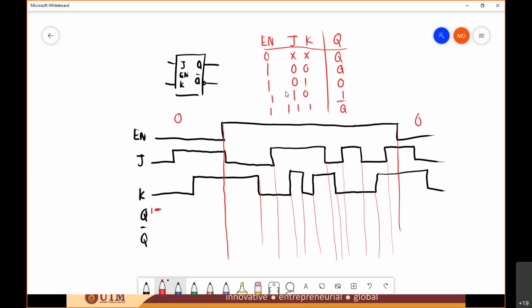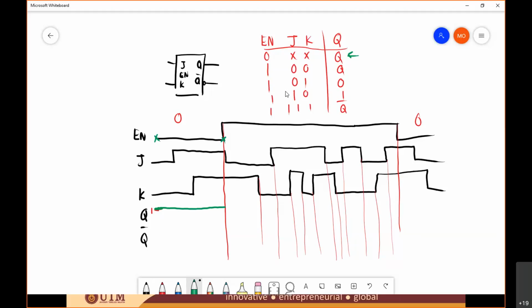Okay, so now we lukis dia punya output. Since the initial value is 1 and enable from here to here is kosong, so maksudnya Q takkan berubah, which is no change. Follow previous Q. So dia akan jadi 1 lah sampai kat situ.